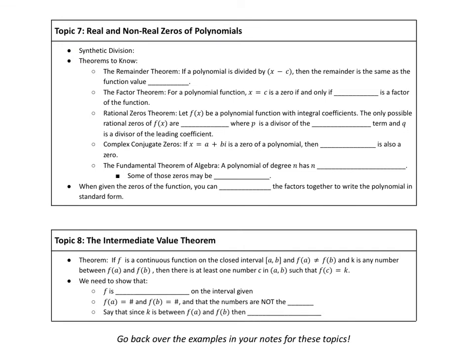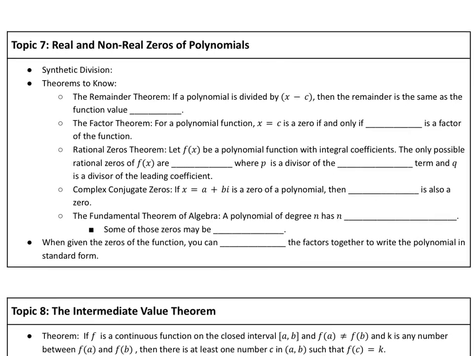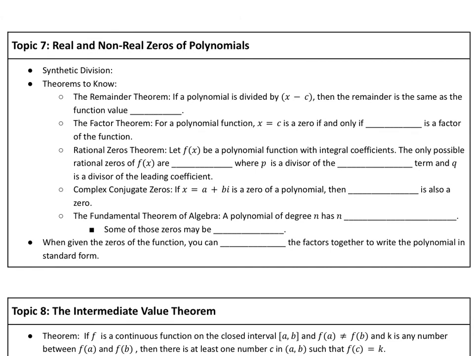We then started studying the zeros of a polynomial, both real and non-real. Probably one of the most important things to know how to do is to synthetically divide polynomials, so remember to set that up. You're just going to follow the steps, bring down, multiply, add, on and on. Setting it up, we have our value c on the outside and all of our coefficients listed in standard form, putting a 0 if it's missing anything.